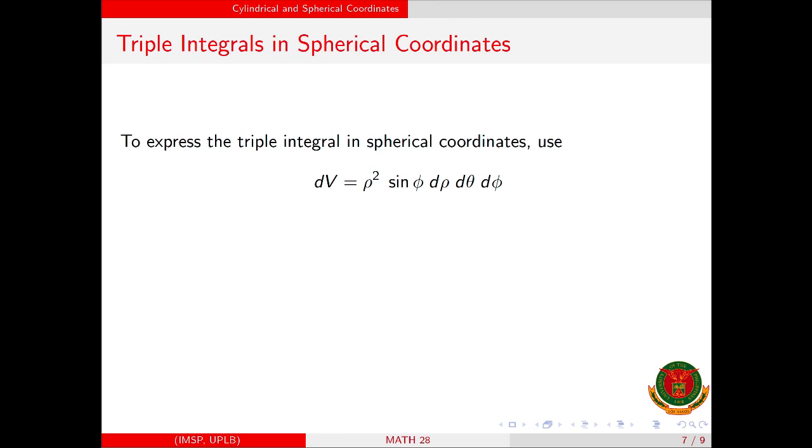To express the triple integral in spherical coordinates, we will be using this differential for V, that is rho squared sine phi d rho d theta d phi.